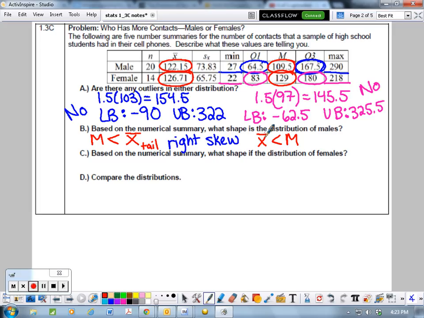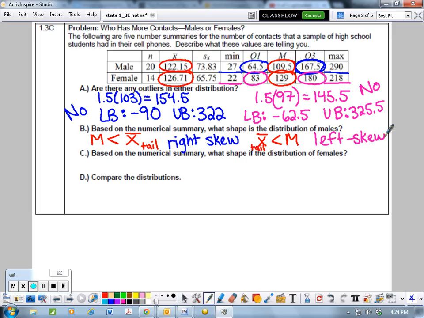So that means that instead of being symmetrical, there's a slight skewness. We'd probably say it's close to symmetrical or slightly skewed. But because my tail is pulling that mean, this is going to be left skewed.